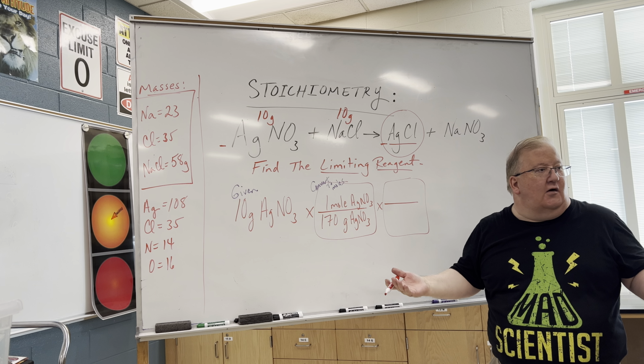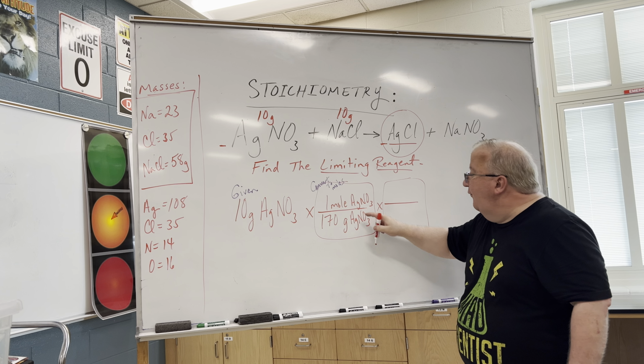It's just a 1 to 1. I'm going to put 1 mole of silver nitrate on the bottom and 1 mole of silver chloride on the top, and then cancel out the like units. Make sure you write silver nitrate on the bottom because you have to be able to cancel numerator to denominator. This step is what we call a mole-to-mole ratio.